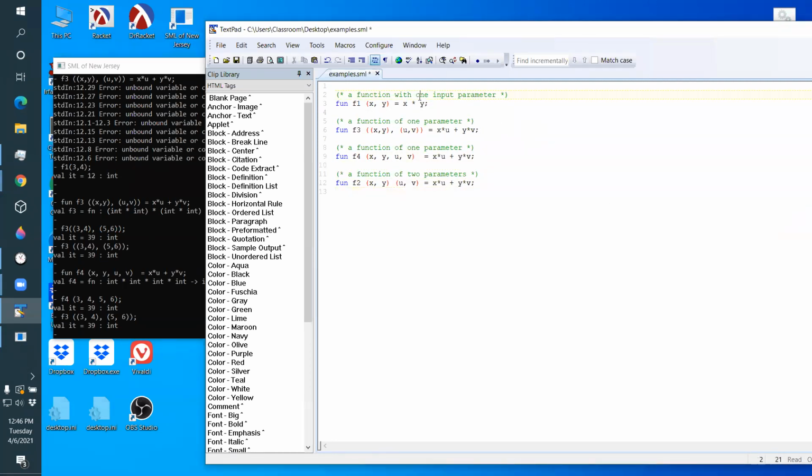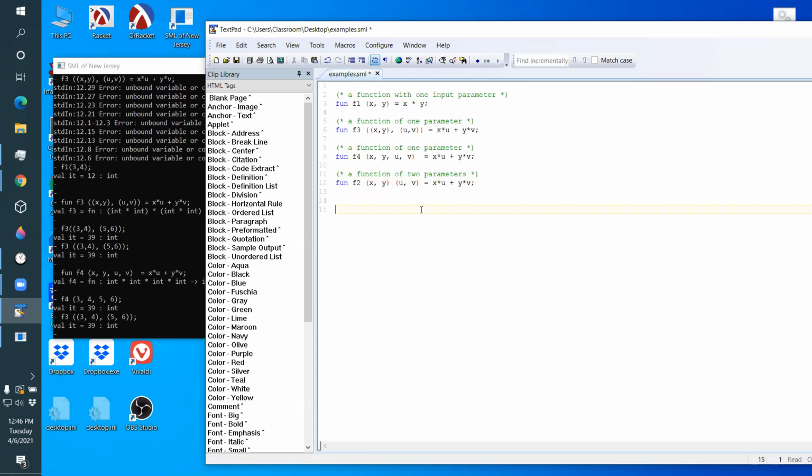All these were one parameter, one parameter, one parameter. Any function that has more than one parameter in ML is actually a curried function. So there's one parameter, and notice that you don't put any commas or anything, you just put a space, and there's the other parameter. Okay, now here, let me take this function and make the curried version of it.